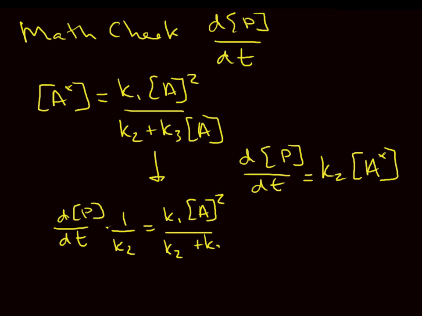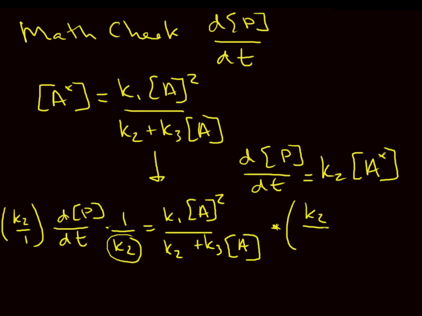And so after doing the substitution, you'll notice that we have 1 over k sub 2, which we need to get rid of. And in order to get rid of that, we're going to multiply by k sub 2 over 1 to this side of the equation. And we're also going to multiply the other side by k sub 2 over 1. That, of course, eliminates our k sub 2's on the left-hand side.